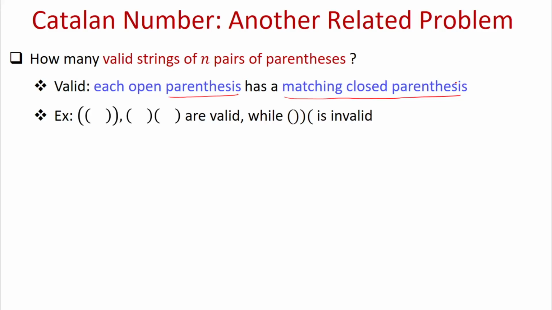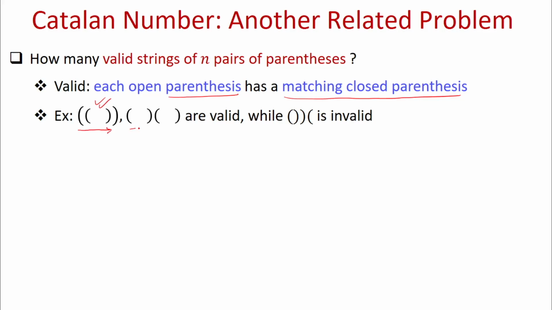So for instance, this string is valid because if you scan from left hand side to right hand side, then each instance of opening parenthesis has a corresponding matching closing parenthesis. It's not the case that you have an occurrence of closing parenthesis, but till that point you don't have an occurrence of a corresponding opening parenthesis.